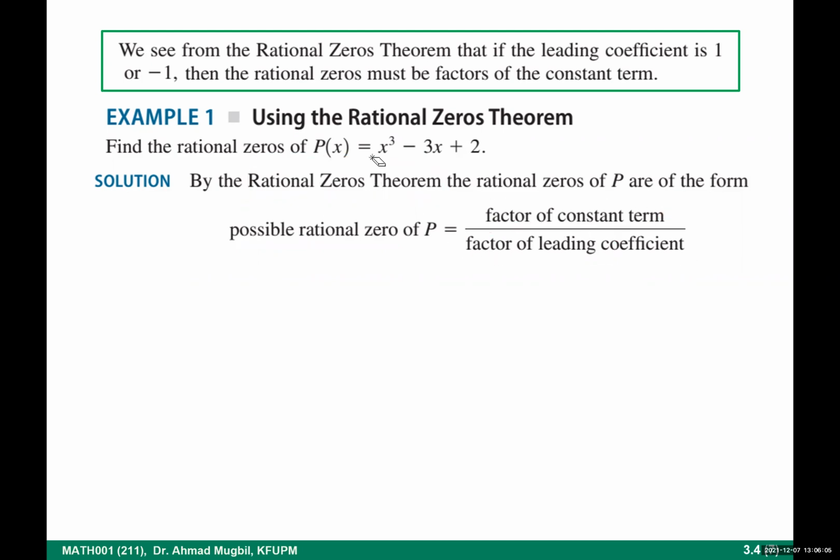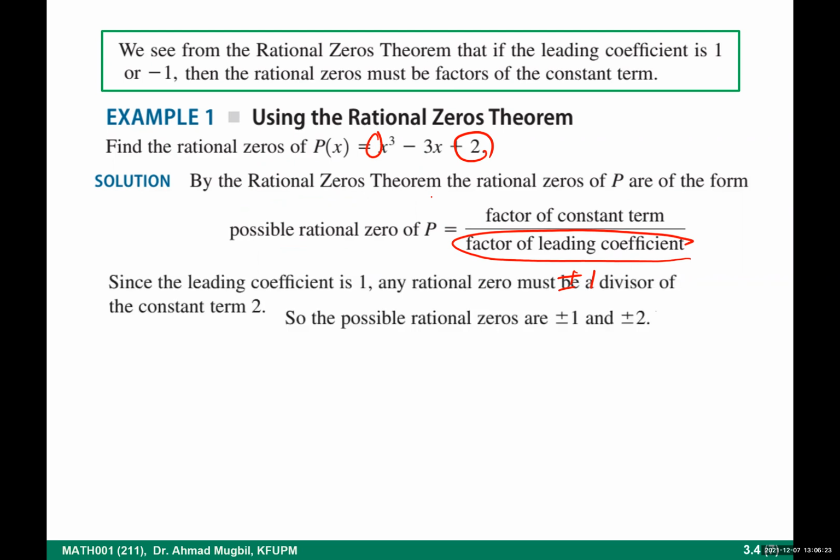Now, in our case, the leading coefficient is positive or negative 1, the factors of 1. And here we will have the factors of 2: positive or negative 1, positive or negative 2, because negative 1 times negative 2 will be 2. So we will take the positive and the negative factors. So how many possible rational zeros, ya shabab?